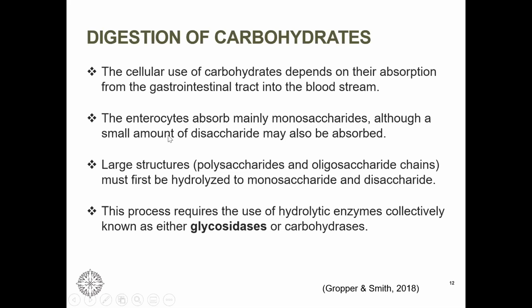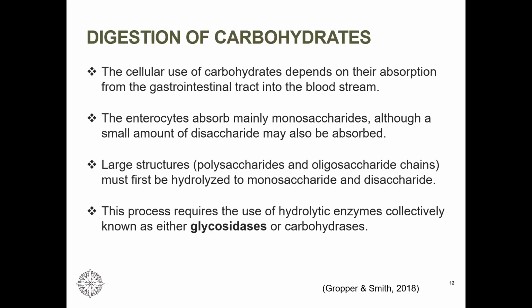So mostly these intestinal cells absorb monosaccharides. Sometimes very few disaccharides may be absorbed. So what does that mean? Before reaching that brush border, we have to break down any disaccharide that we may have consumed. And this process is done by glycosidases.